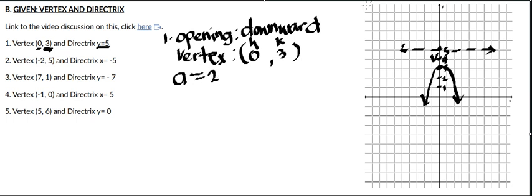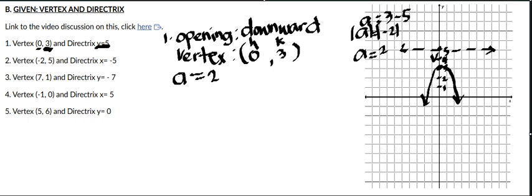We can also get our a by simply getting the difference of the y values, because our directrix is y equal to 5. So we get the difference between the y value of the vertex and the directrix: 3 minus 5, which is equal to negative 2. Get the absolute value of that, and our a is 2.